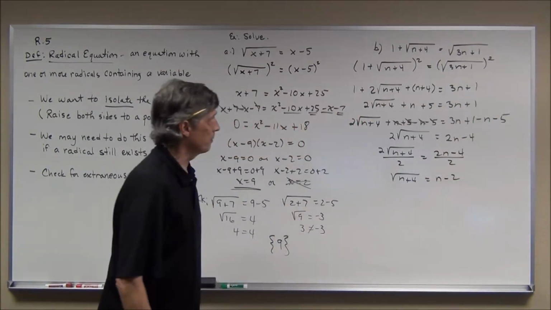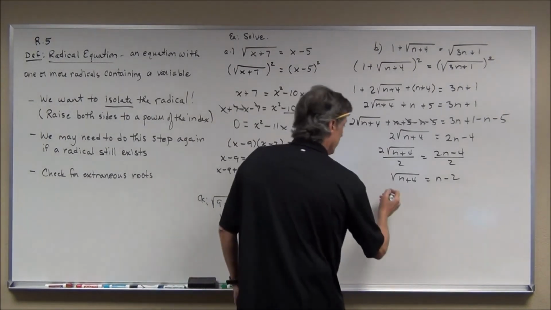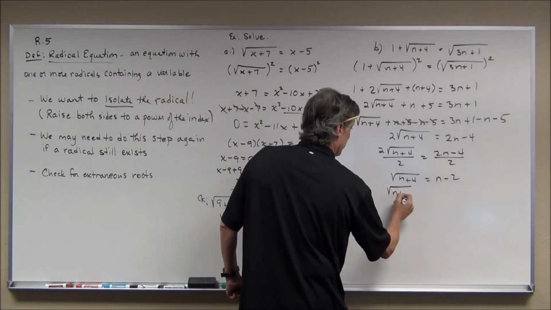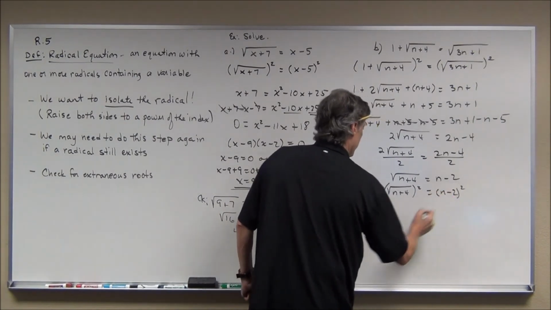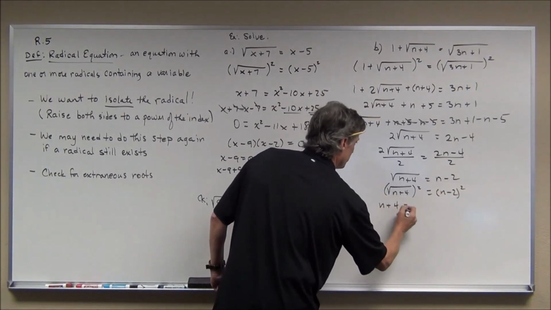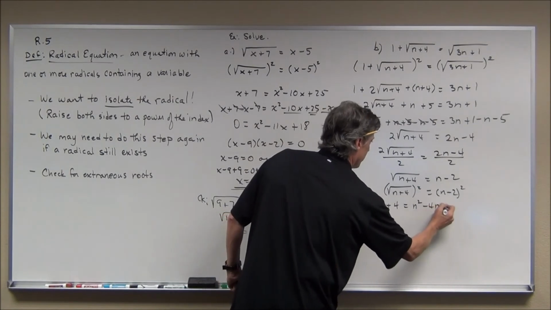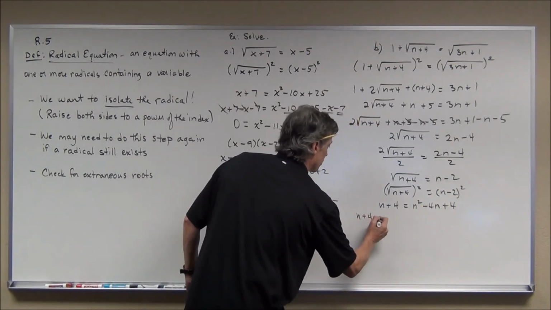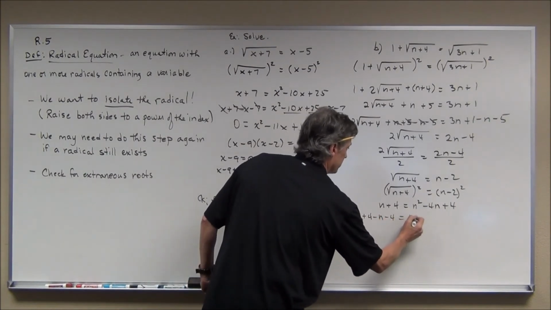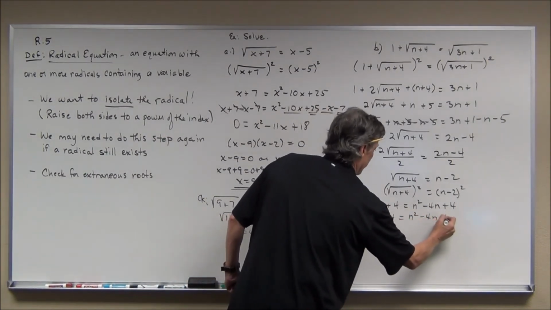Well, one more step of squaring both sides. Let's see, square both sides. And I have n plus 4 is equal to n squared minus 4n plus 4. Careful squaring the binomial. I am going to subtract an n and a 4 from both sides to put it into standard form.